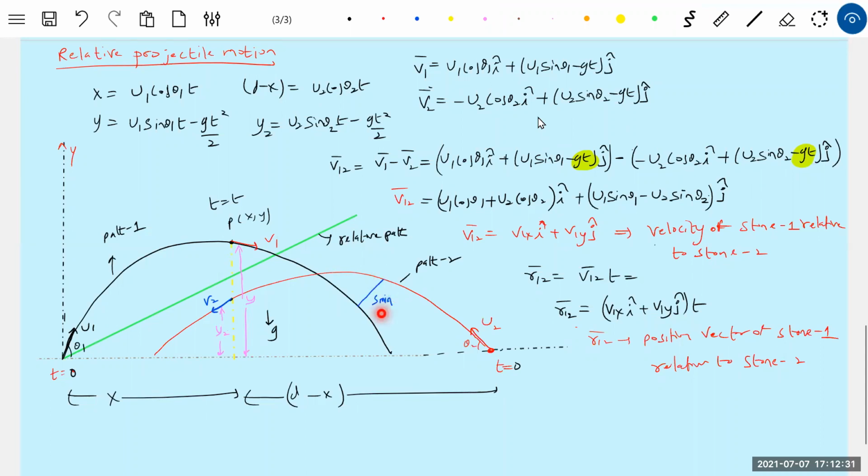And the same concept that we earlier learned, we are going to apply it. So here is relative projectile motion. What is the concept here? The path described by stone 1 with respect to stone 2 will be a straight line. So what is the conclusion we can make here?